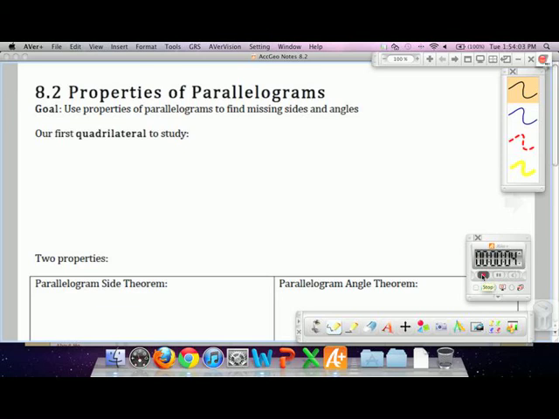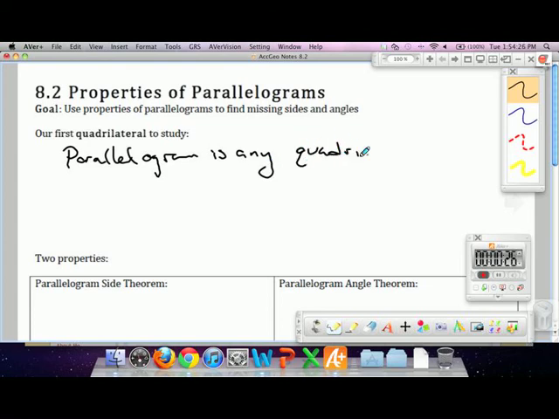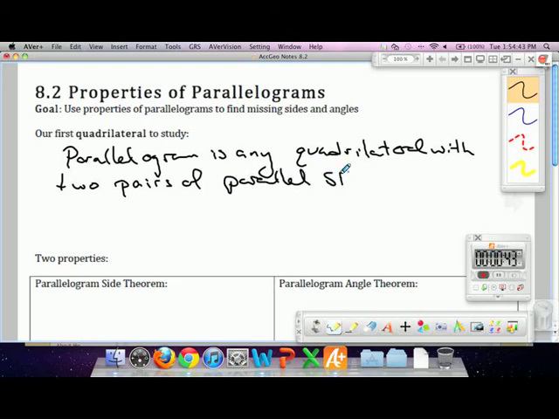We're going to start with parallelograms. So we're going to look at a general parallelogram. The definition of a parallelogram is any quadrilateral with two pairs of parallel sides.